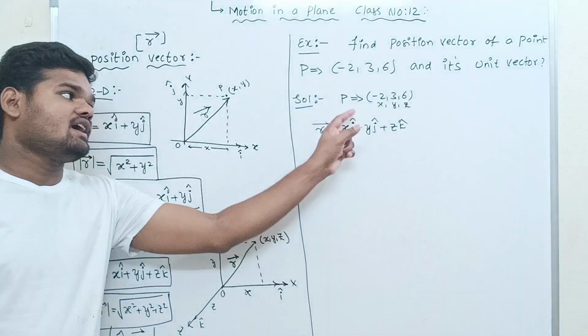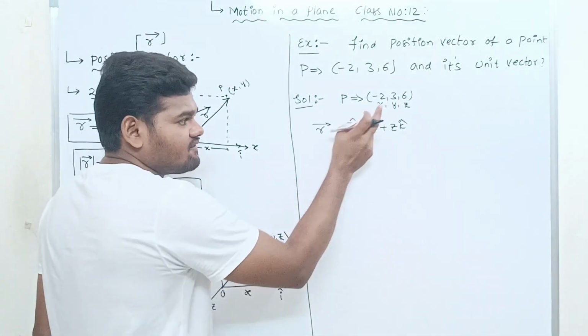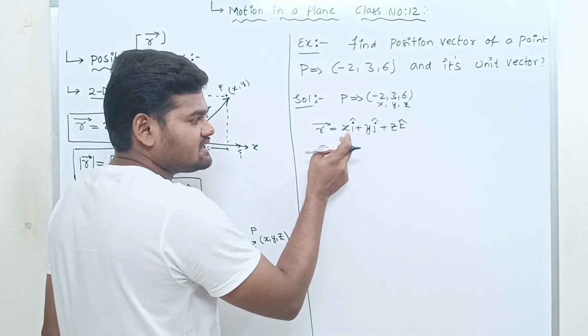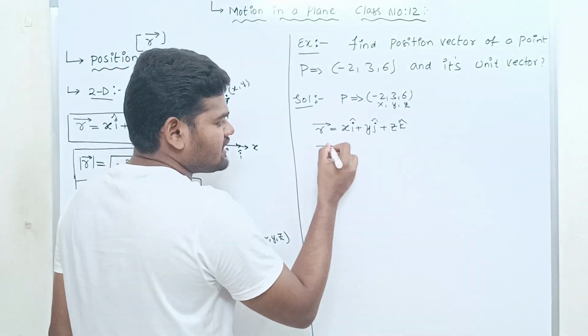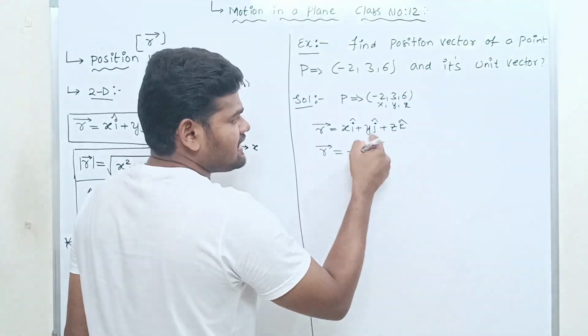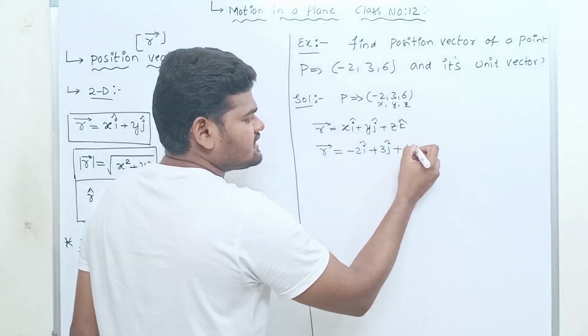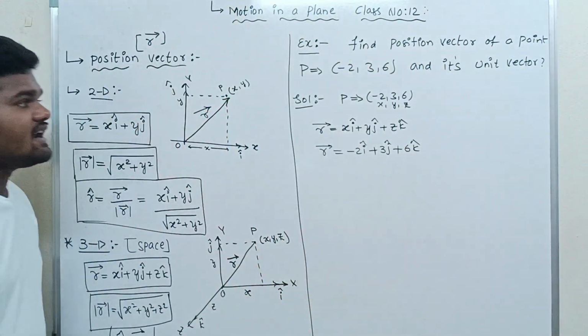This is the position vector of the given point P in space. We have the values of x, y, z, so just substitute here. r bar is equal to, what is the value of x? Minus 2 i cap. What is the value of y? 3 j cap plus, what is the value of z? 6 k cap.